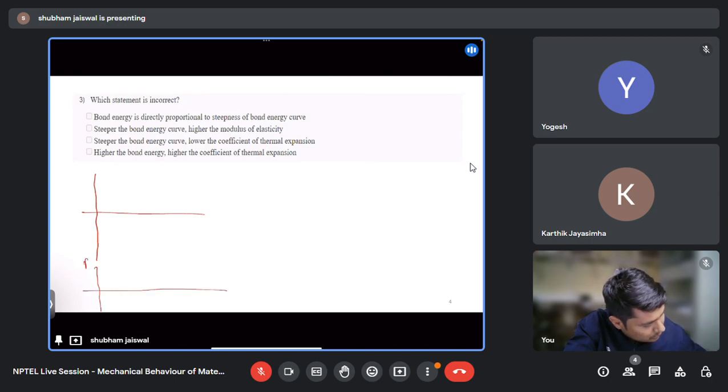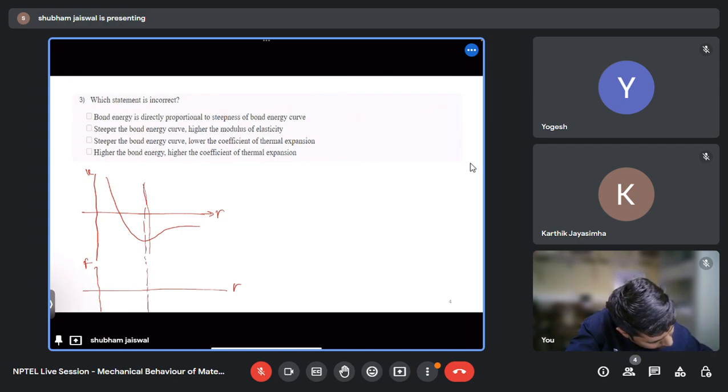So this is force versus atomic distance. This is potential energy versus atomic distance. Here we know that the bond energy is directly proportional to the stiffness of the bond energy curve.